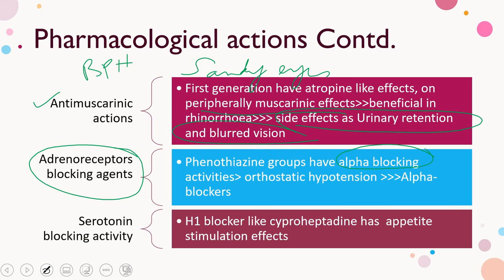Even if you use this with adrenergic receptor blocking agents like prazosin and terazosin, the effect will be potentiated, and therefore the chance of orthostatic hypotension is greater once you use phenothiazine-group antihistamine drugs.